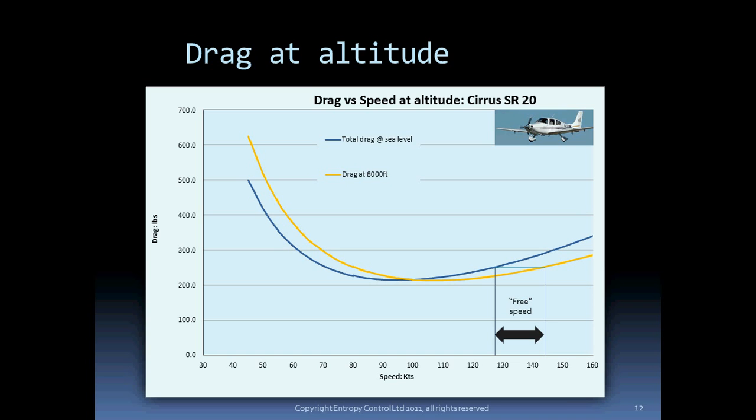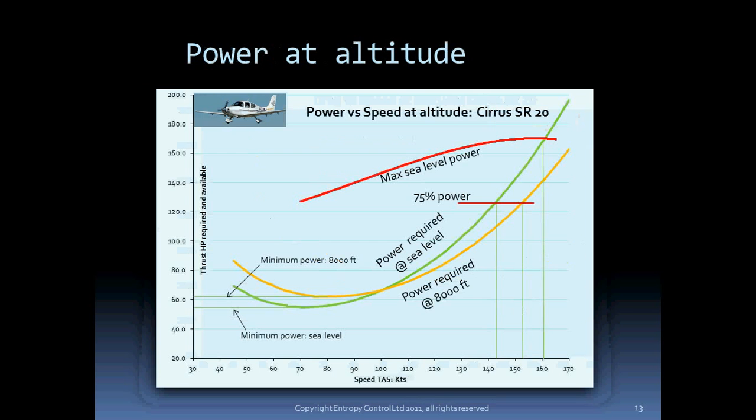Let's take a look at what happens to power at altitude. Note that the power required curve doesn't just move to the right, it also moves up. At 8,000 feet, minimum power is at about 62 horsepower, and it occurs at around 83 knots. At the same time, engine output declines.